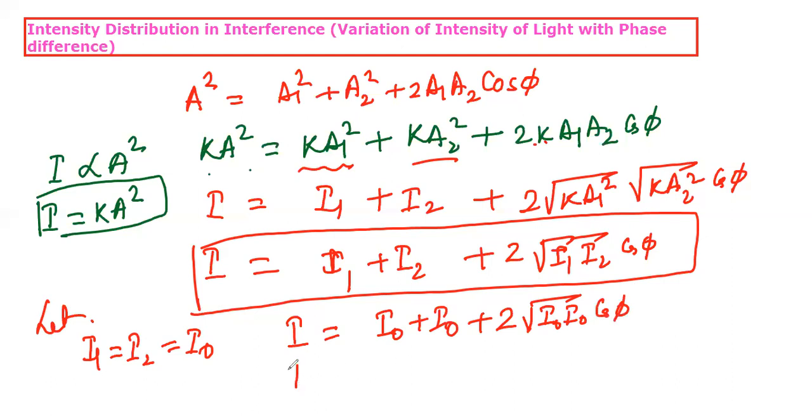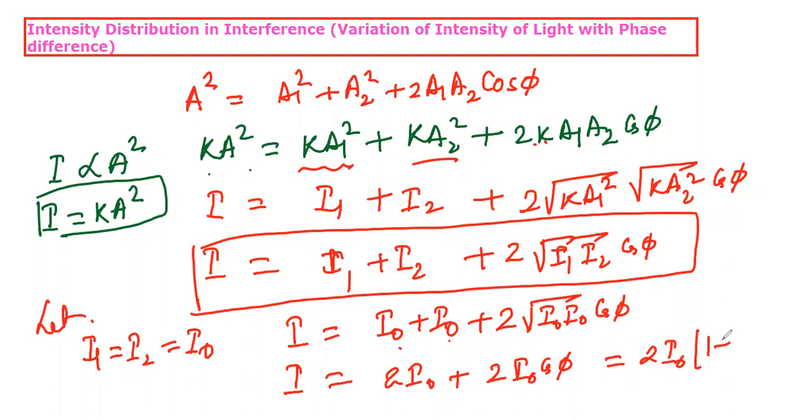So I is equal to 2 I naught plus 2 I naught cos phi. From here you take 2 I naught common, so that is 1 plus cos phi. Therefore I is equal to 2 I naught times the bracket 1 plus cos phi.